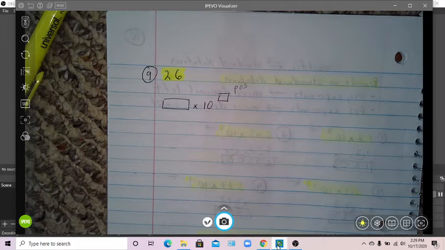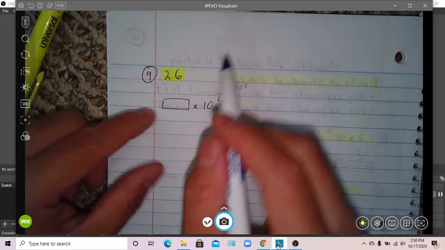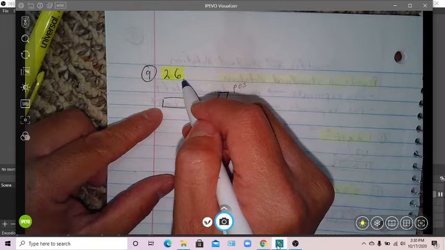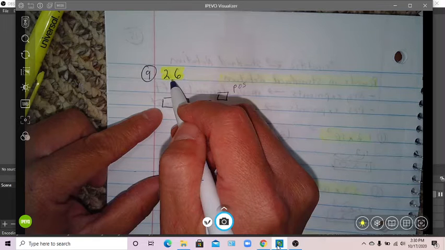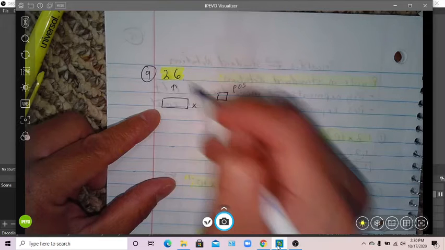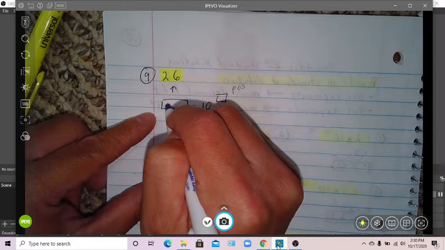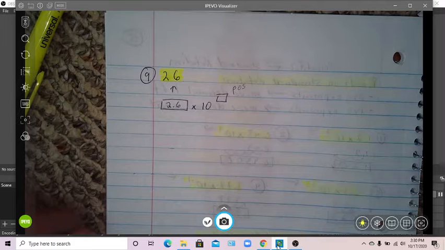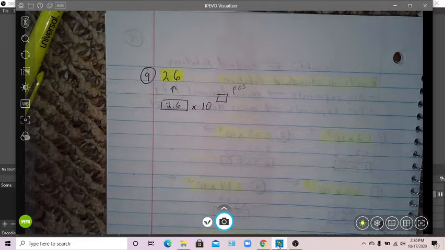Now I need to put the decimal somewhere to make it between 1 and 10. Right now it's 26, with the decimal at the end, so it's bigger than 10. Let's try moving it between the 2 and the 6. Then I have 2.6, which is between 1 and 10. Let's see how many times I had to move the decimal.